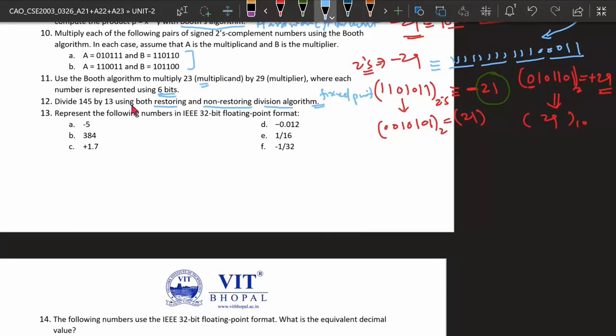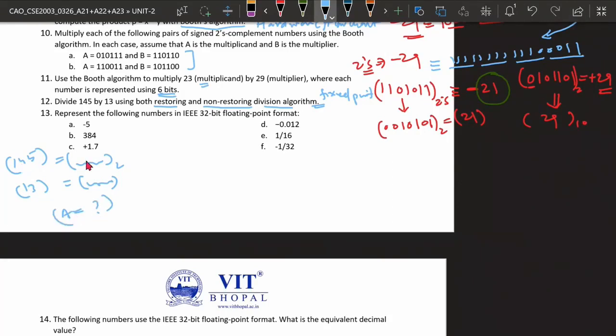First of all, 145, what will be its binary? First we will do the binary representation, 145 into binary, and then 13 into binary. You need to make sure that whatever number of bits are there here, a similar number of bits should be here, and also the same number of bits should be in the accumulator register.